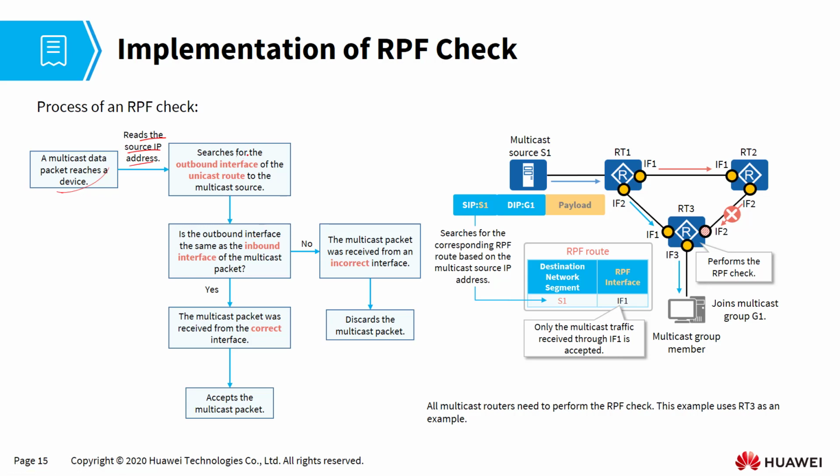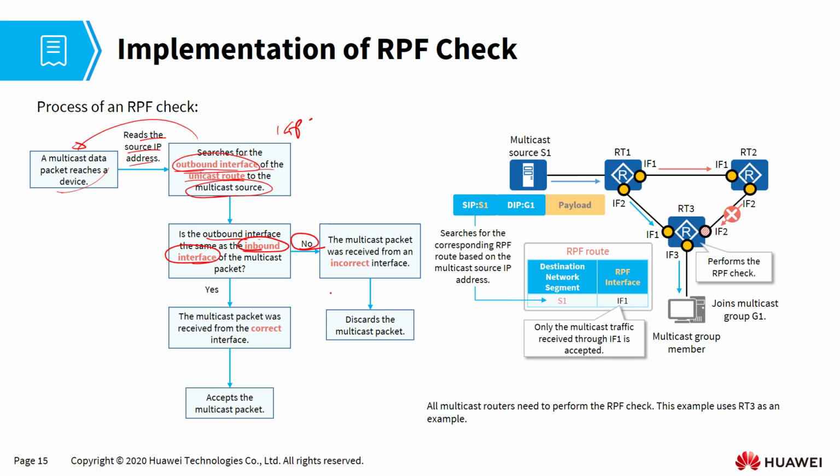It then searches for the outbound interface of the Unicast route in its IGP to reach the multicast source in its local routing table. When it finds this outbound interface, it means it is the interface closest to the multicast source. Now the question is the outbound interface, which is the interface closest to the multicast source, is it the same as the inbound interface of the multicast packet I've just received?